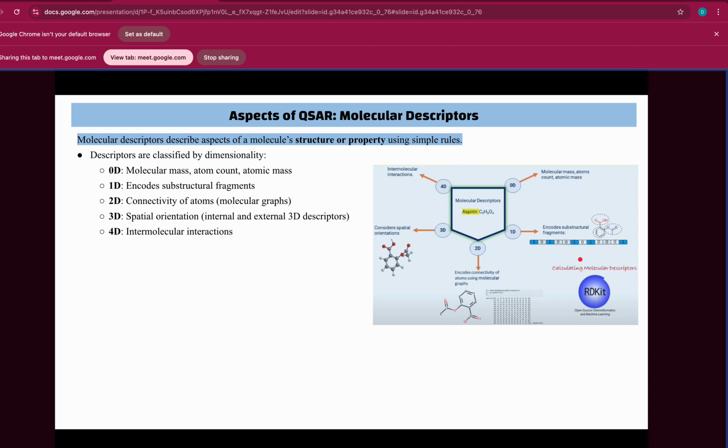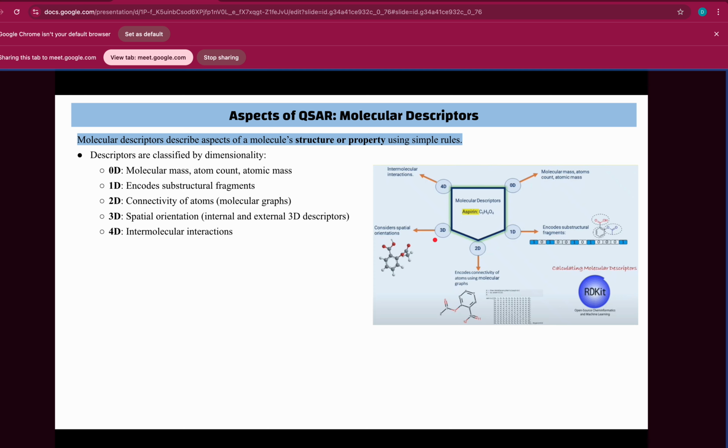Each fragment will be represented with these binary digits, 0s and 1s. This comes under 1D molecular descriptors. Then comes 2-dimensional molecular descriptors, which tell about the connectivity of atoms or molecular graphs, how they are connected. That information is under 2D molecular descriptors.